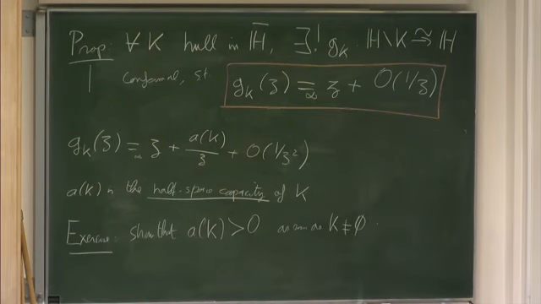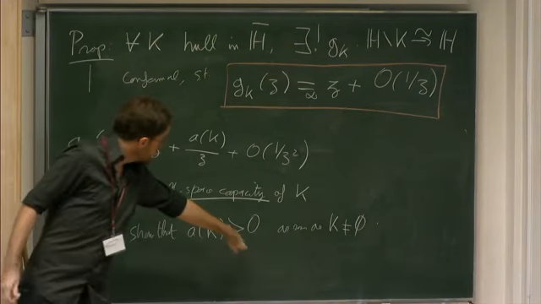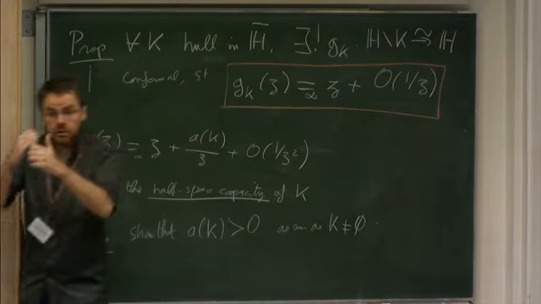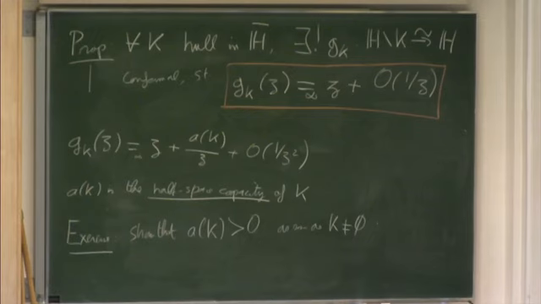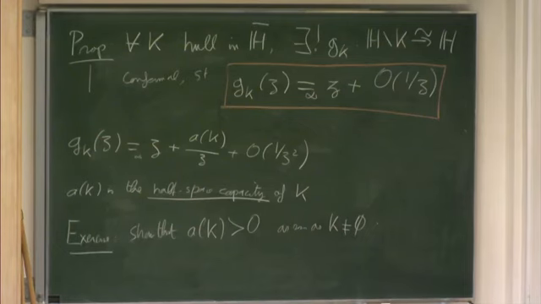Of course, if K is empty, GK is the identity, so A is 0. The exercise is to show that as soon as you remove something non-empty from the upper half plane, the capacity here is strictly positive. So let's play a bit with these maps, because it will give us some information about what to do next.